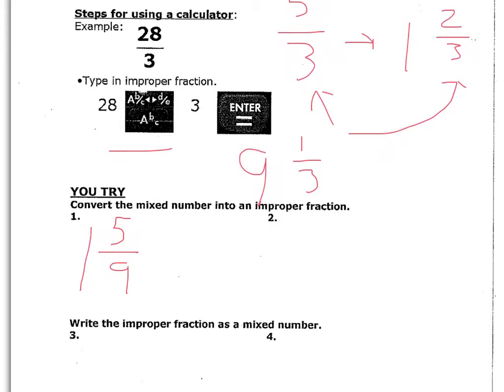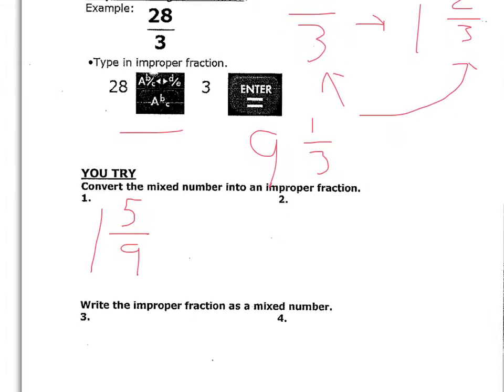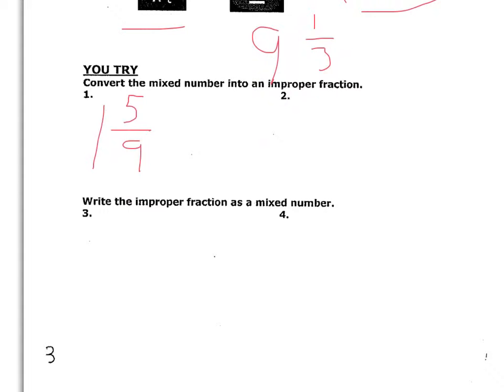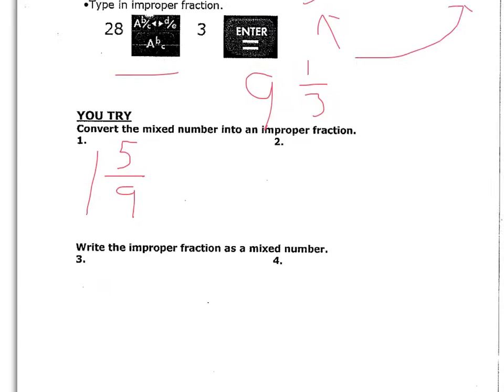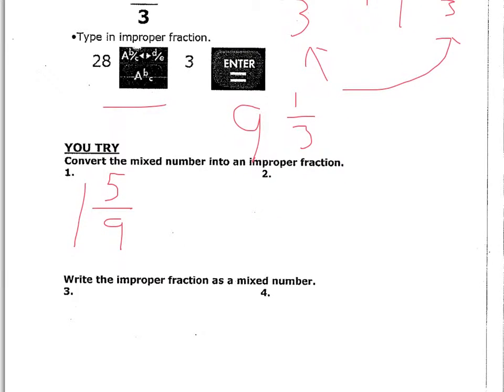All right, secondly, let's go ahead and try one where we write the improper fraction as a mixed number. So for example, we got 10 over 4. If you wanted to use the calculator, you would type in 10 ABC 4.